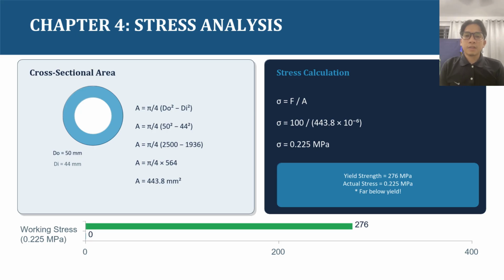Using the formula stress equals force divided by area, where our internal compressive force is 100 newtons, we calculate a working stress of just 0.225 megapascal. When we compare this actual stress to the yield strength of aluminium 6061 T6, which is 276 megapascal, it is clear that the actual stress is exceptionally far below the yield limit.